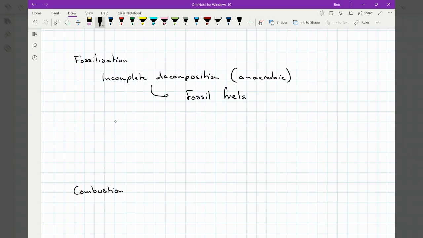And also you have some carbon containing skeletons or body parts, so things like corals and mollusks, which is things like snails and stuff like that, and phytoplankton.